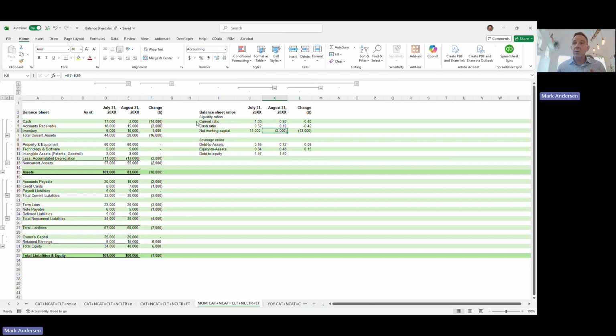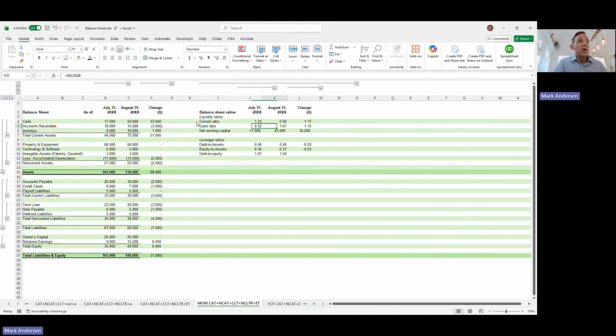And that's a terrible place to be, because you have fewer current assets than you do current liabilities, meaning that you actually owe more than you own. So that's not a good place to be. If I undo this, you can see how much stronger a position we have.